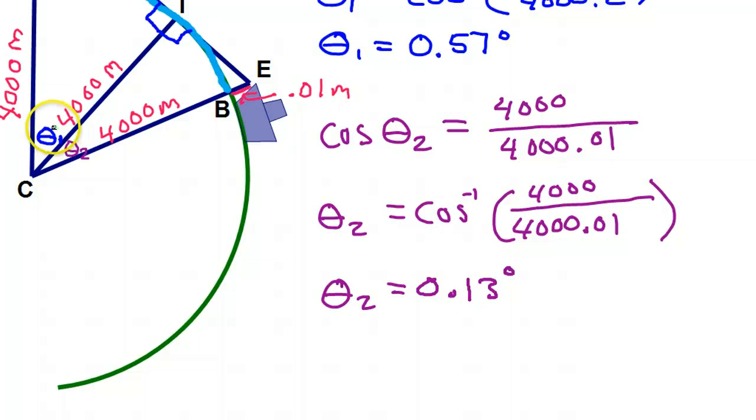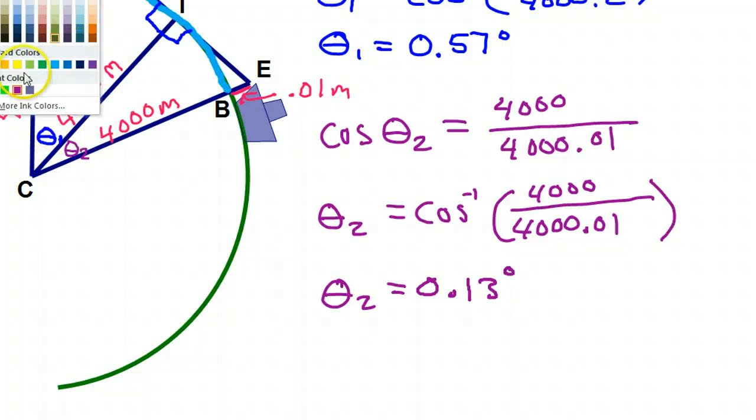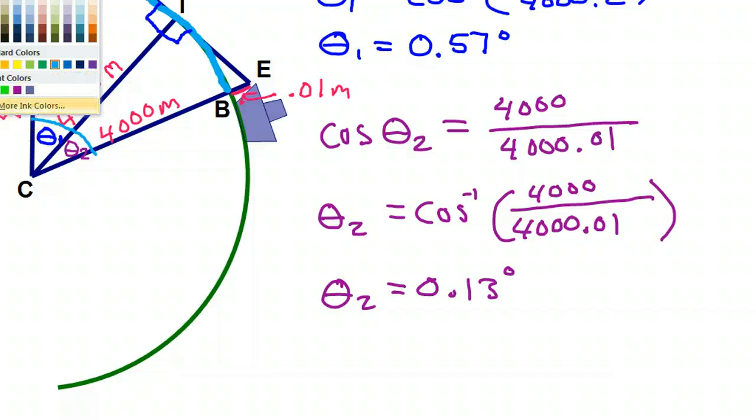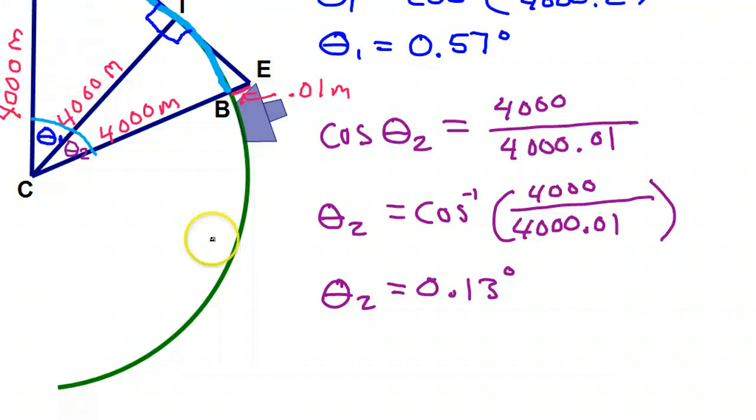The angle that we are looking for will be the total angle, the sum of those two, so theta 1 plus theta 2.